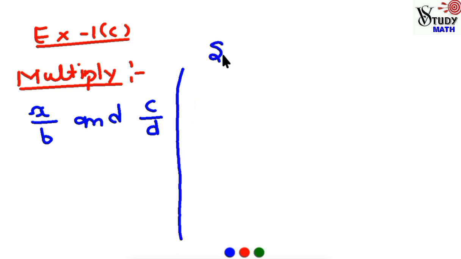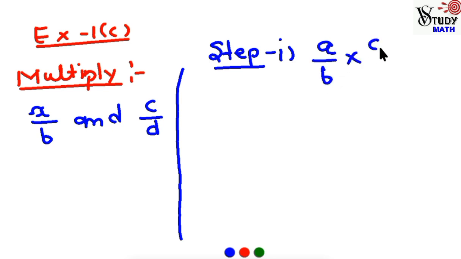I will teach you step by step each and every process. First we are going to write both the rational numbers like a upon b multiplied by c upon d. My dear students, here a and c are the numerators and b and d are the denominators.